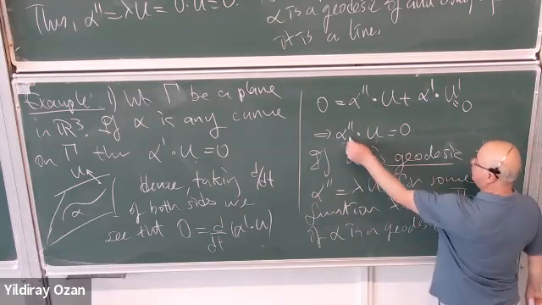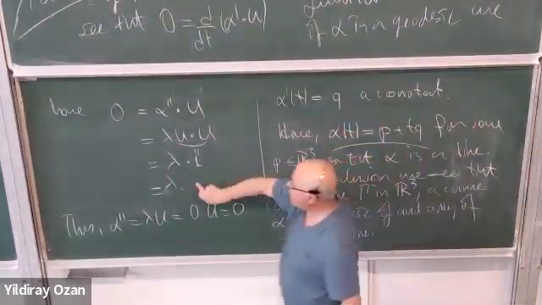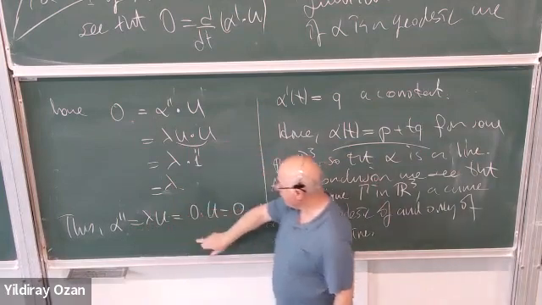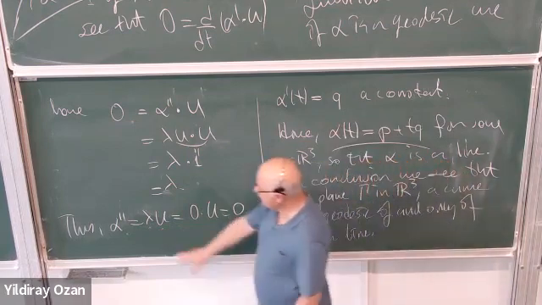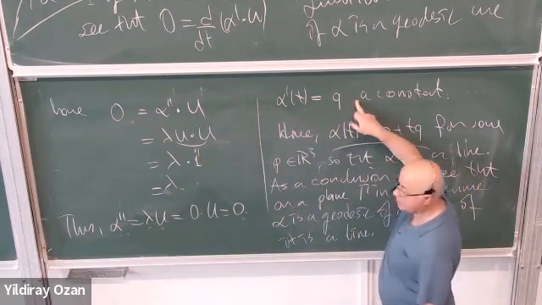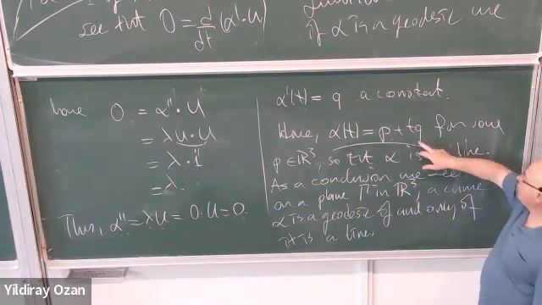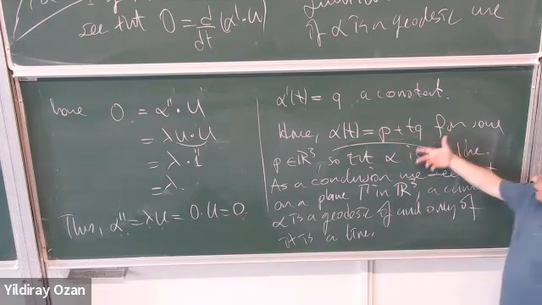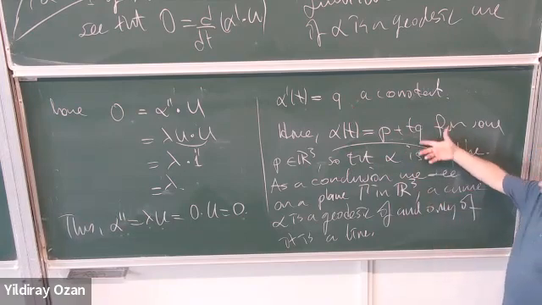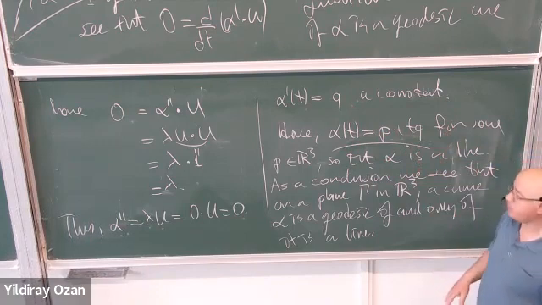If you just take this and plug into this equation, then you see that lambda is 0, meaning that alpha double prime, which is lambda times u, is 0. Well, if second derivative is 0, then the first derivative is a constant vector, and therefore the alpha function is just t times that constant vector plus another constant. Therefore, it's a line. And we already know that if alpha is a line, then it's already a geodesic. So on a plane, the only geodesics are the lines, and every line is a geodesic.